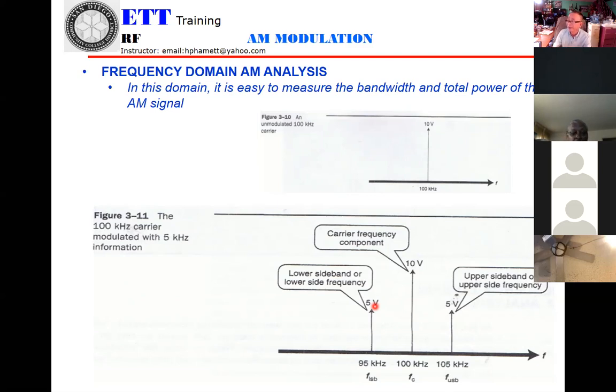You understand that the bandwidth will be from here up to here. You take 105K minus 95K. That's how you get the bandwidth. F2 minus F1. Yeah, F upper sideband minus F lower sideband.